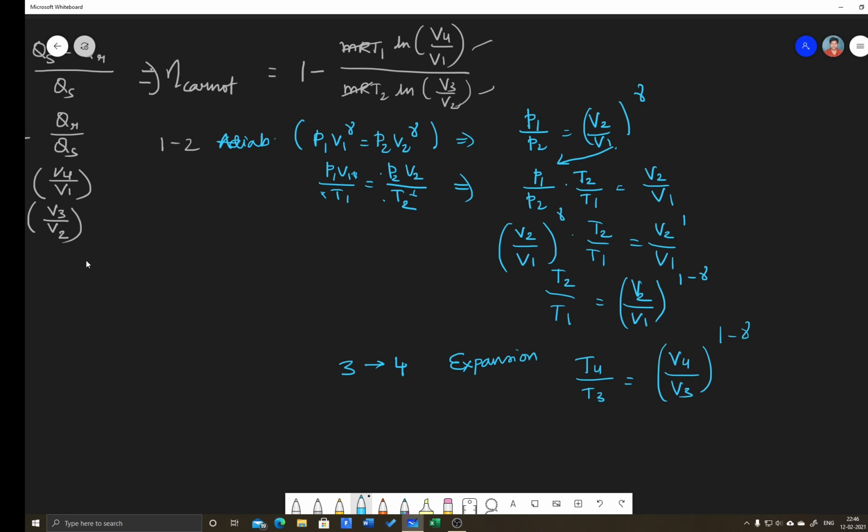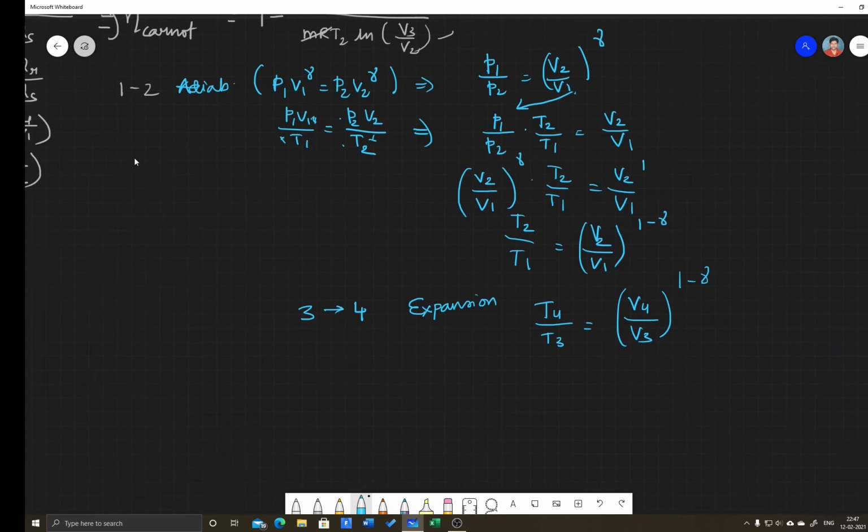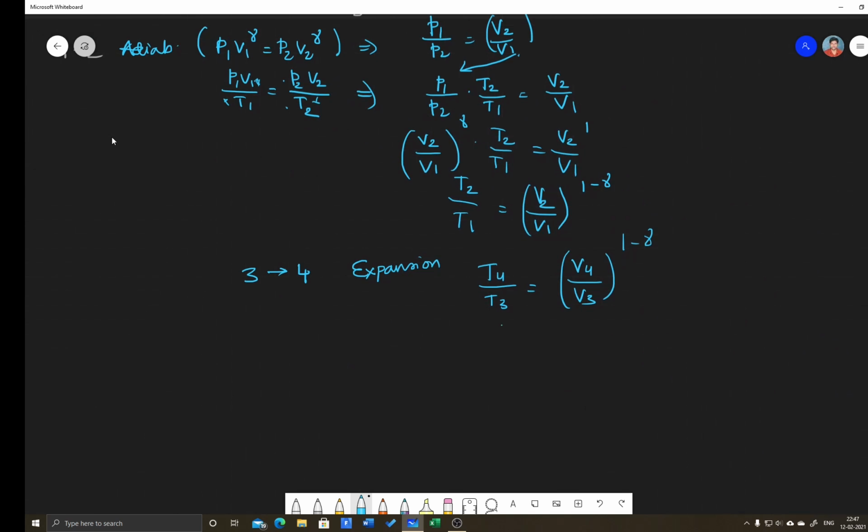That means here T4 is equal to T1 because it is an isothermal process, and also T3 is equal to T2. This becomes T1 by T2 is equal to V4 by V3 whole power 1 minus gamma.